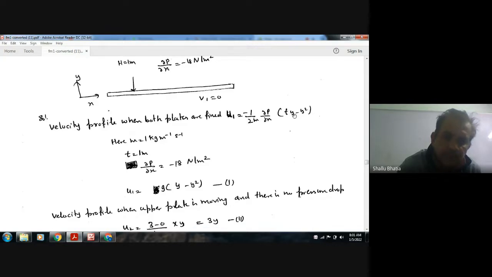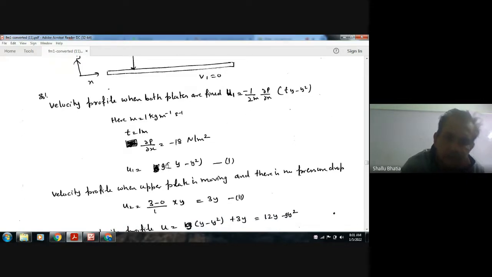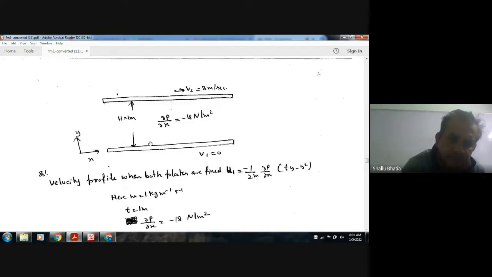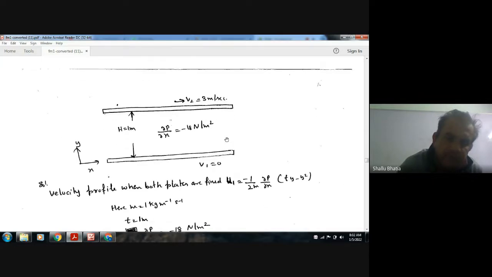This is your velocity profile. Suppose there is no pressure drop in this direction.